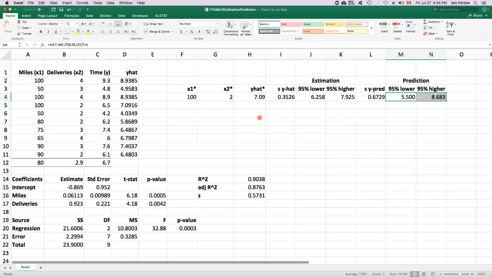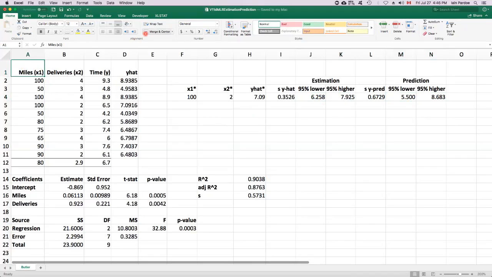These two numbers tell us we're 95% confident that the actual travel time for this specific truck that travels 100 miles and makes 2 deliveries is in this interval, 5.5 up to 8.683. Notice how it's wider than the interval was when we were trying to estimate the mean travel time for trucks like this.